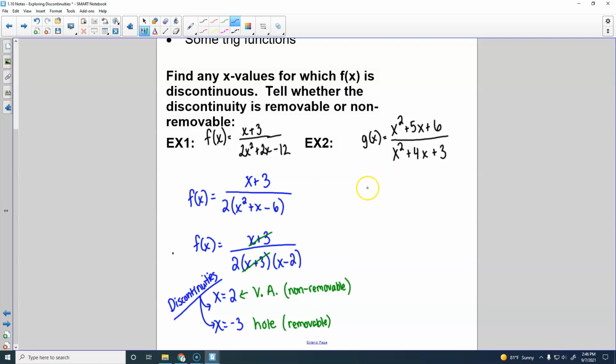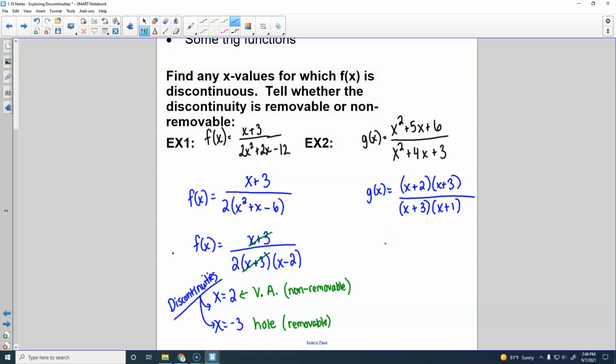All right, so if we want to look at the second one, we could just factor. The top factors into x plus 2 and x plus 3. The bottom factors into x plus 3, x plus 1. Have I factored that correctly?